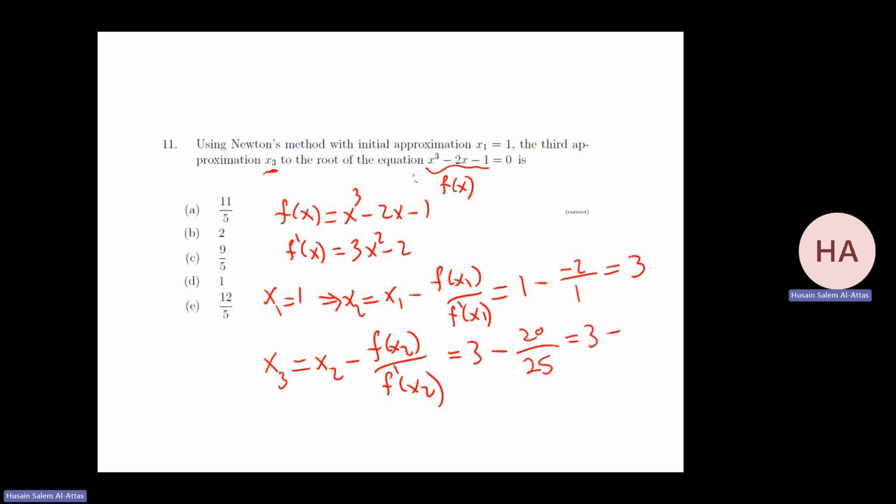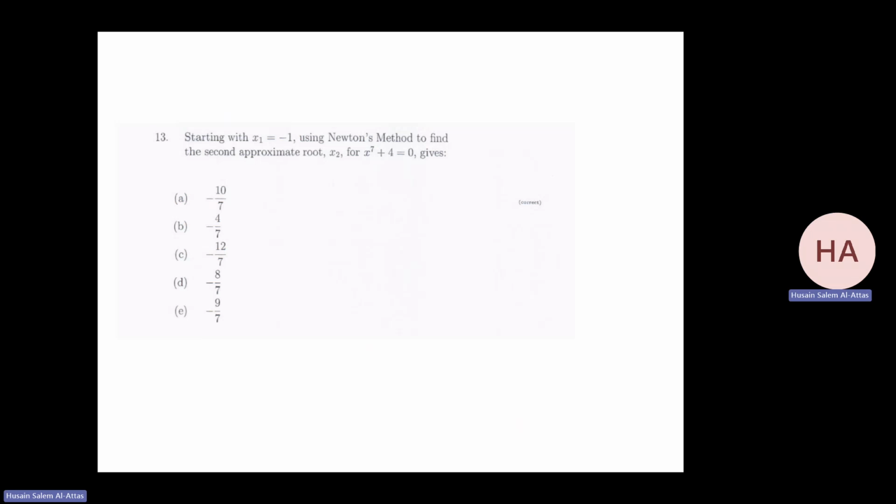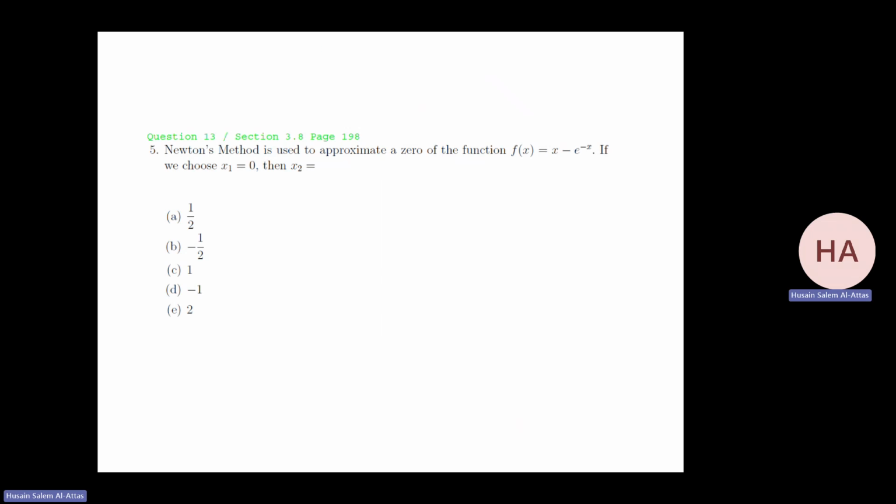So I have 3 minus 4 over 5. So it will be 15 minus 4, which is 11 over 5. So that will be my answer. Yeah, it's a matter of calculation.